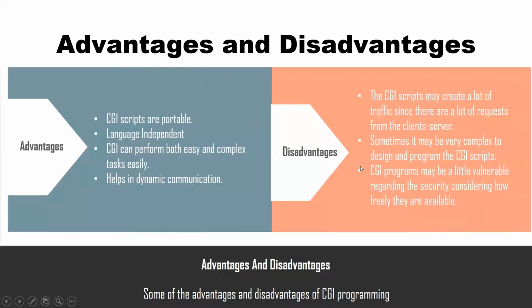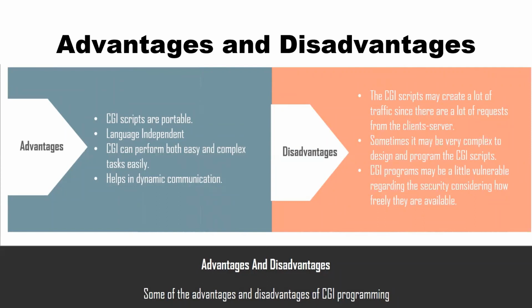Here are some disadvantages regarding CGI. CGI scripts may create a lot of traffic, since there are a lot of requests from the client to the server. Traffic is nothing but many requests from the web browser to the web server.